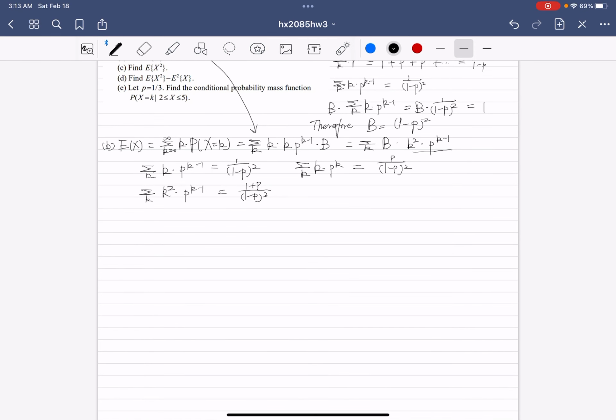So that we get this part. Now we find the mean of x is equal to b times 1 plus p over 1 minus p cubed, which is 1 plus p over 1 minus p.